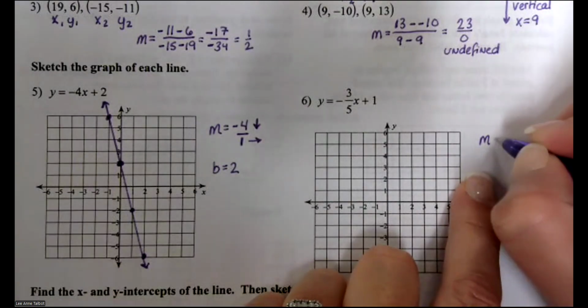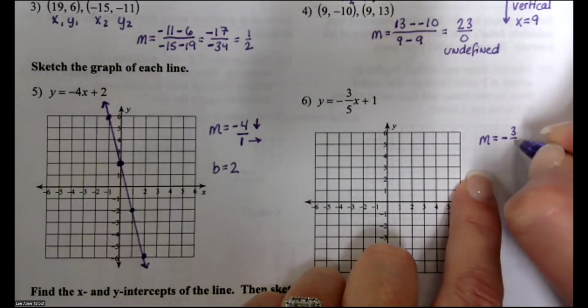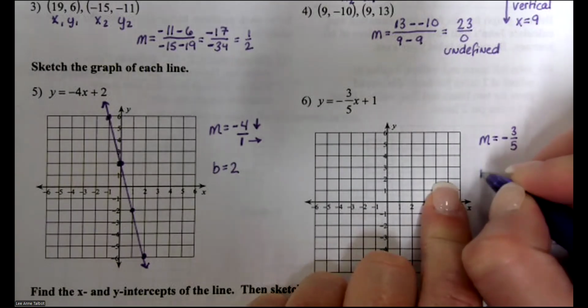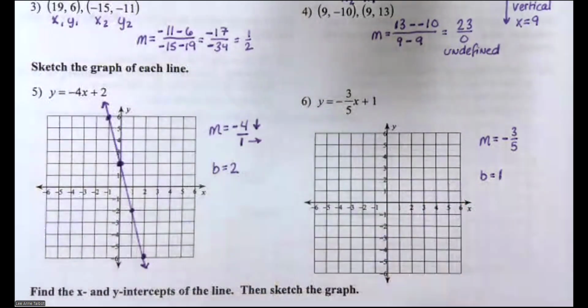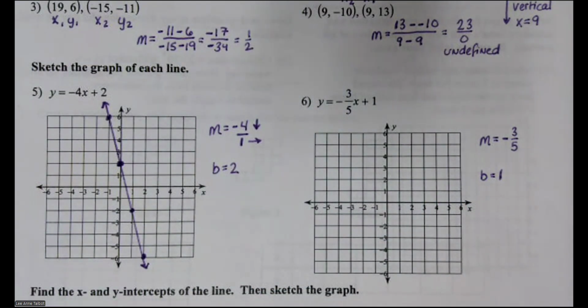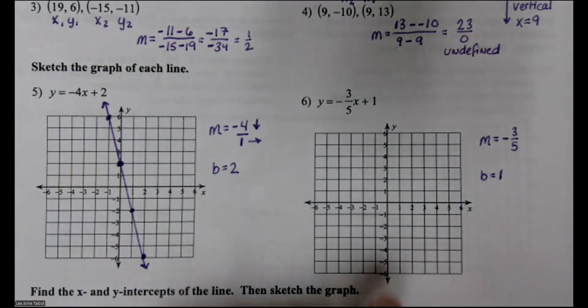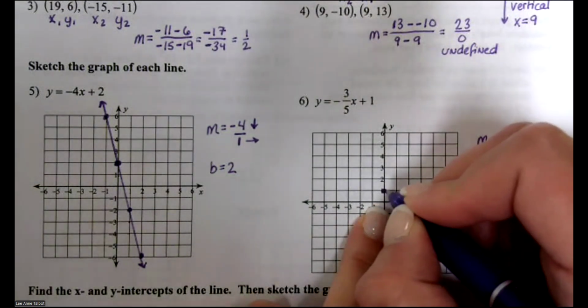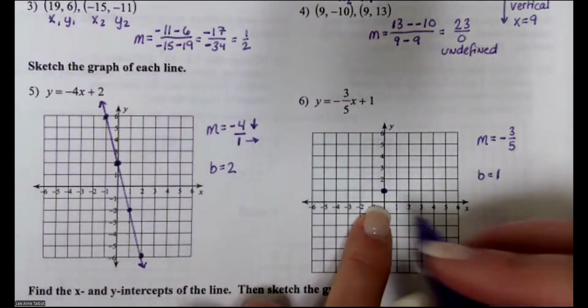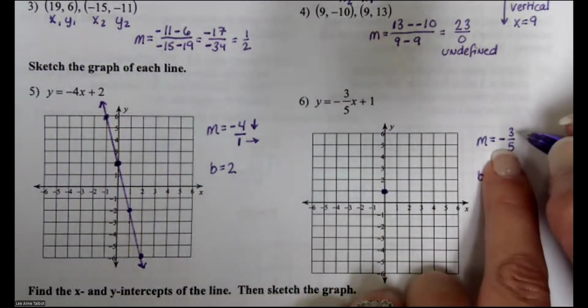Okay. Slope is -3/5. Y-intercept is 1. Y-intercept of 1. Slope of negative.